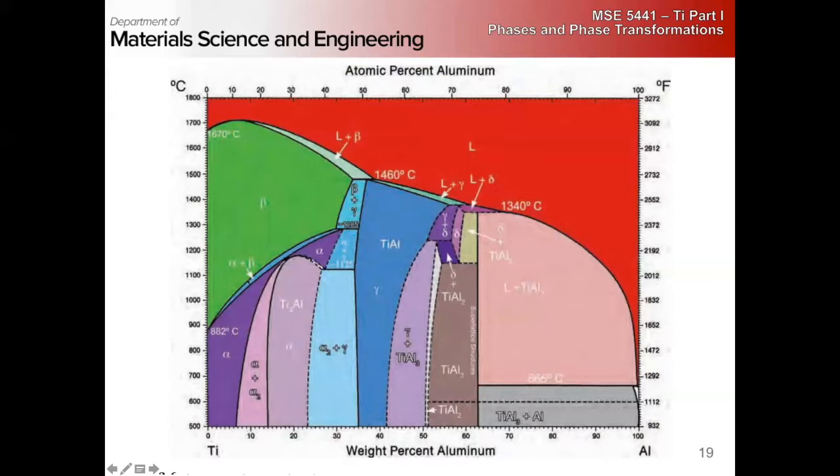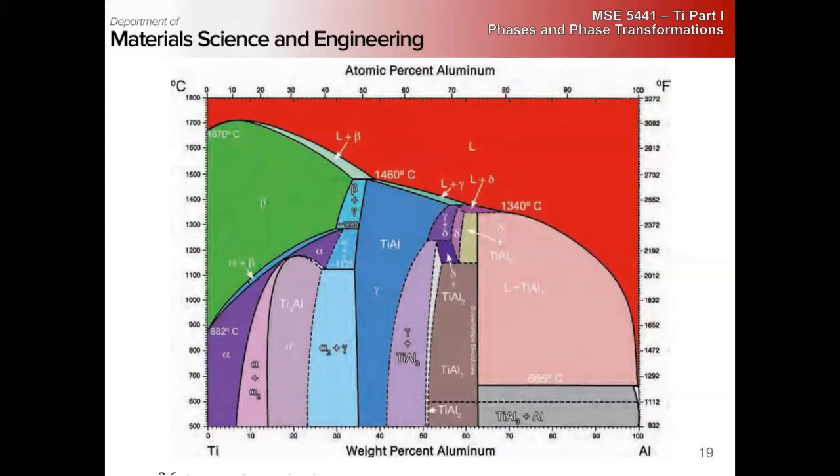The next thing should be alpha 2. It's just a blurry phase diagram. I think it is alpha 2. But anyway, the point is things are messy, right?